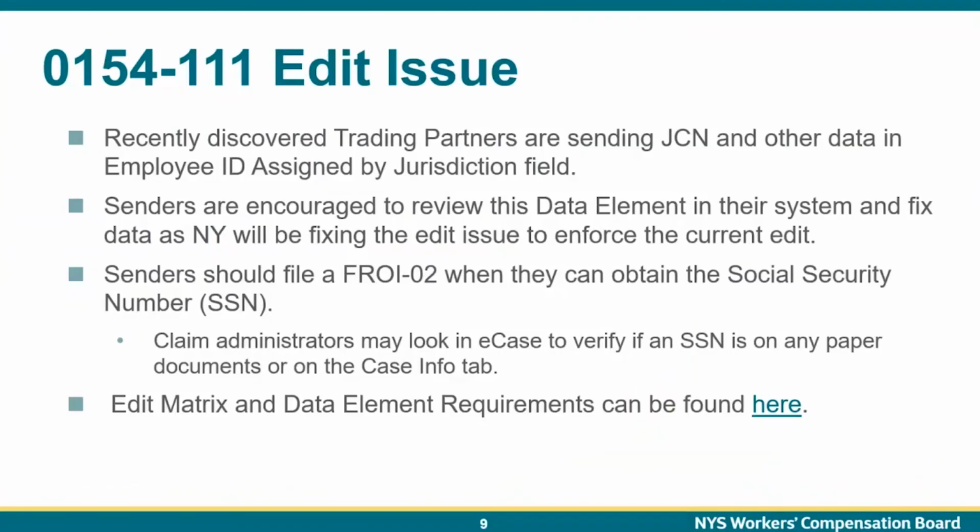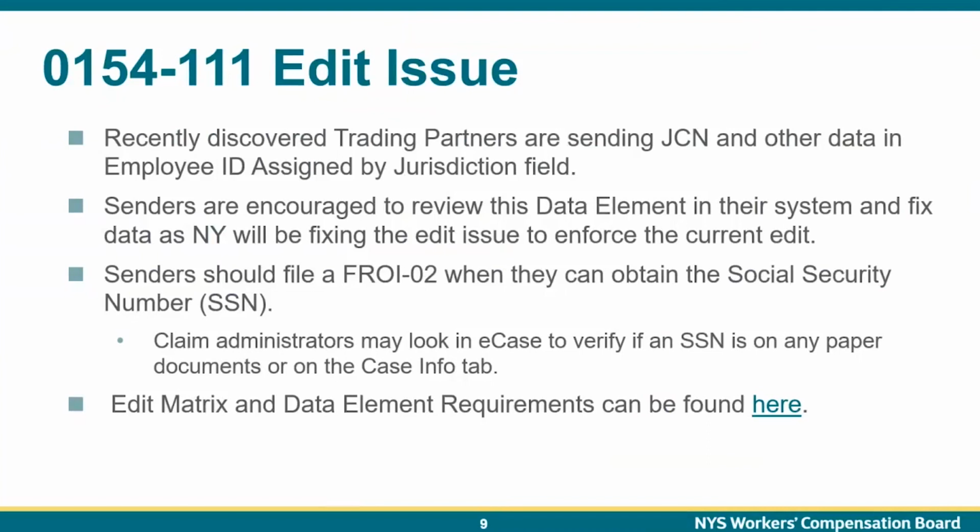And I'm going to go over the first half of the topics for this month. The first topic is for DN 154, edit 111, the error. We recently discovered that trading partners are sending the JCN and other data in the employee ID assigned by jurisdiction field.